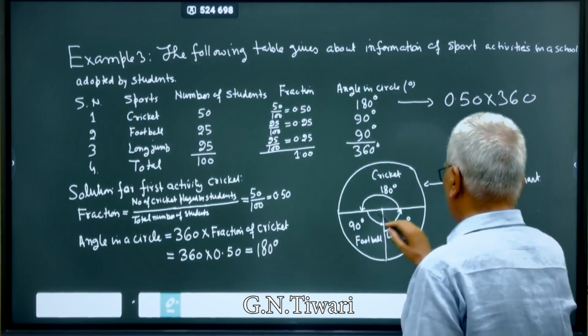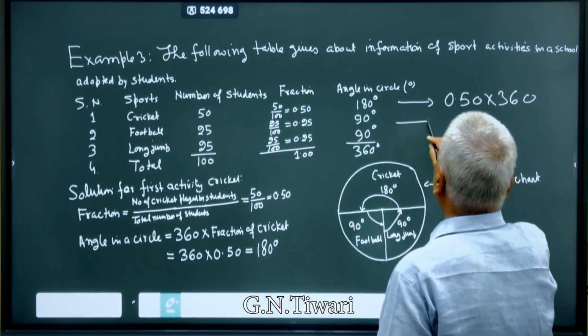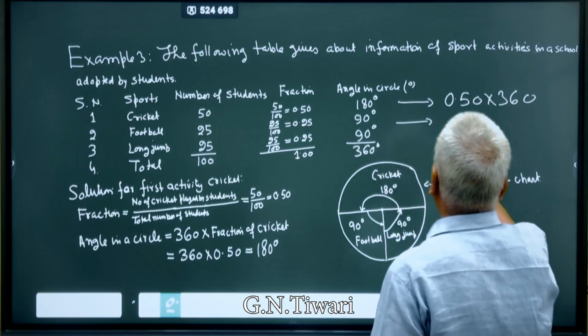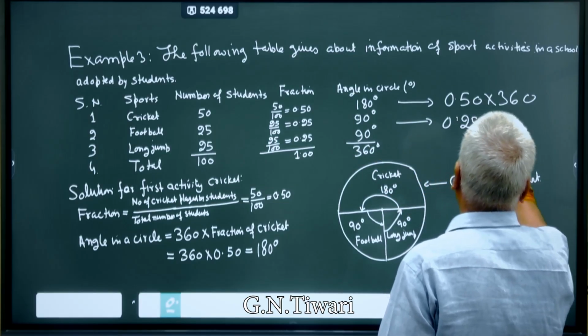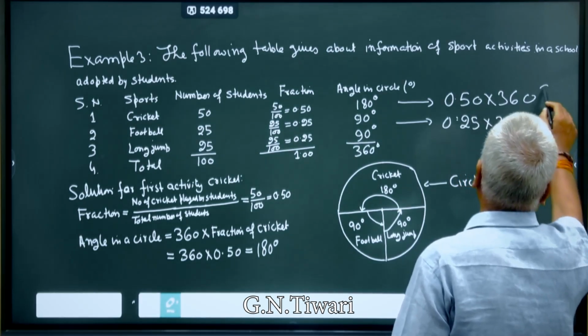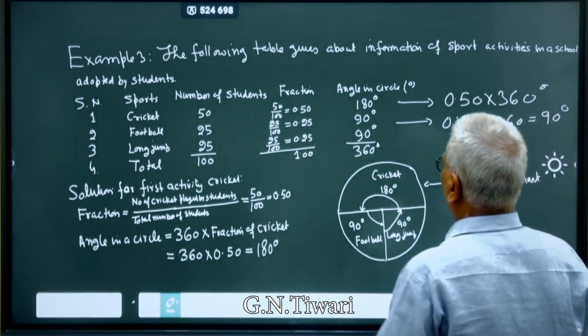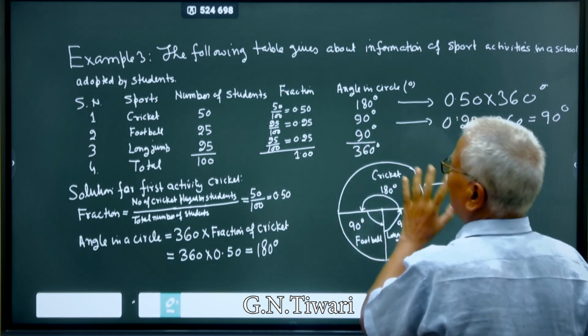So just have this one, 180 degrees cricket. 90 degree, fraction is 0.25 into 360 is equal to 90 degree. So देखिए 90 डिग्री आपका यहाँ पे एक 90 डिग्री फुटबॉल आ गया और दूसरा 90 लॉन्ग जंप आ गया.